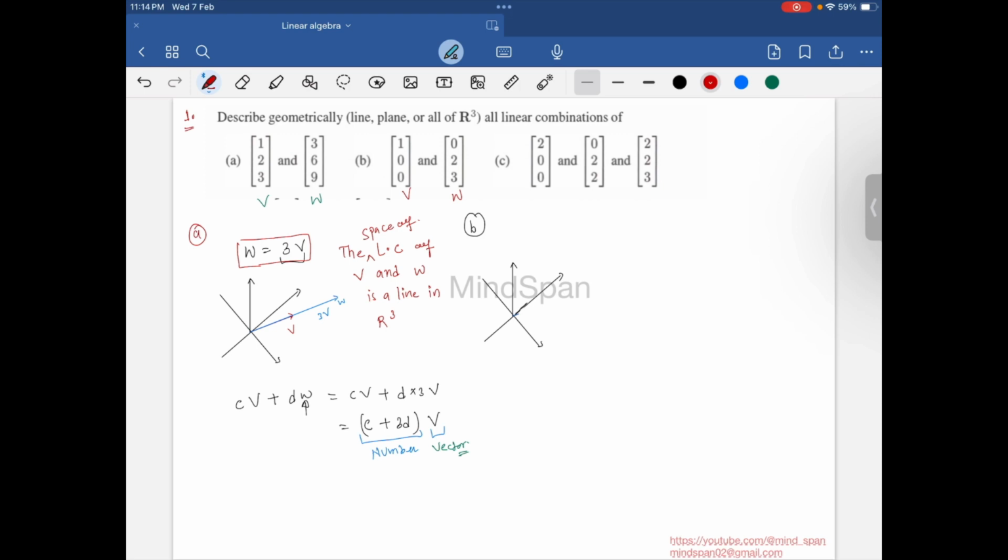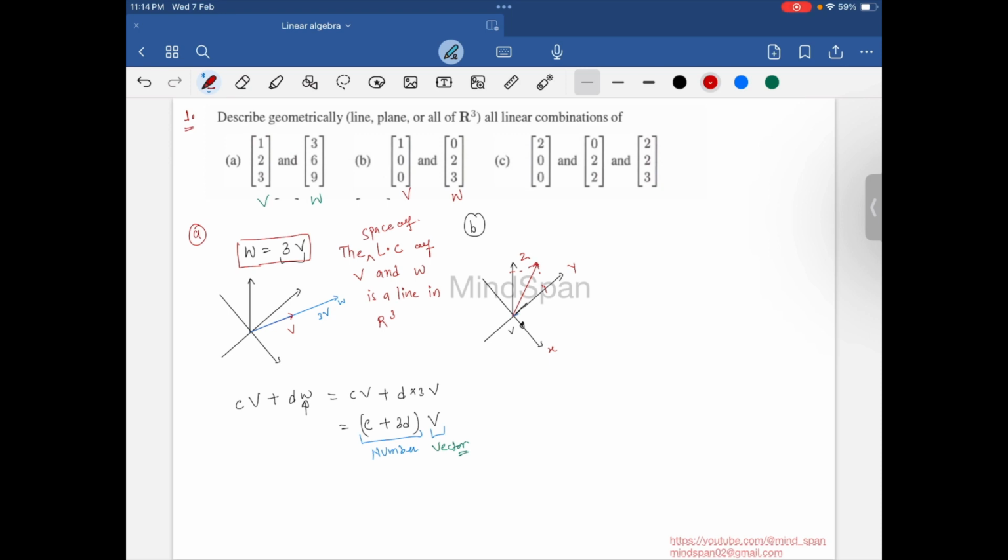So this v, let me say that this is x-axis, this is y, this is z, then this v has no y and z component, so that is going to be maybe this vector v, right? So this is vector v, and this vector w is somewhere maybe with 2 and maybe 3, so that will be in the zy plane, and that will be this one maybe, right?